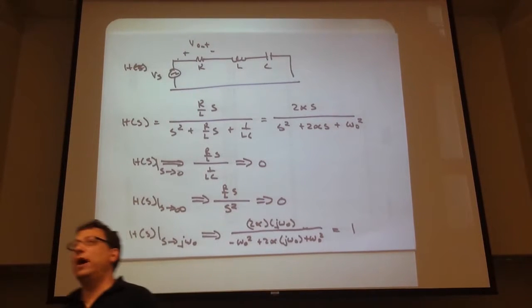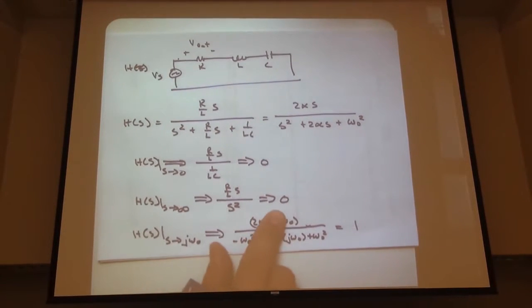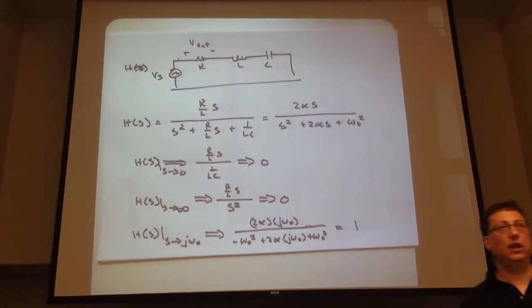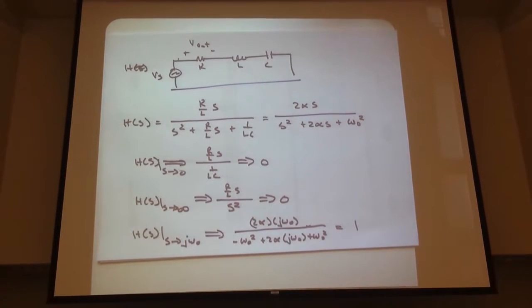Which means this is what type of filter? It's a bandpass filter. You attenuate low frequency signals, you attenuate high frequency signals, and pass signals in the vicinity of the resonant frequency. Omega naught is the resonant frequency. So on either side of the resonant frequency, we pass signals.